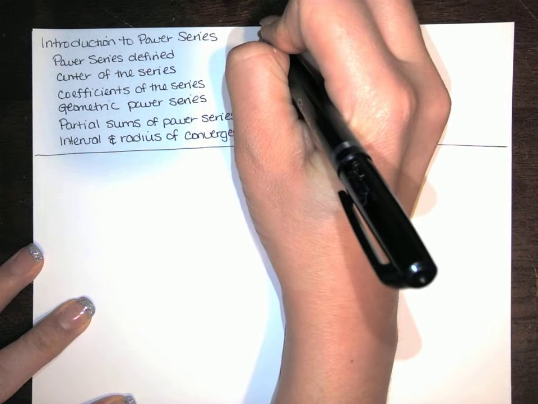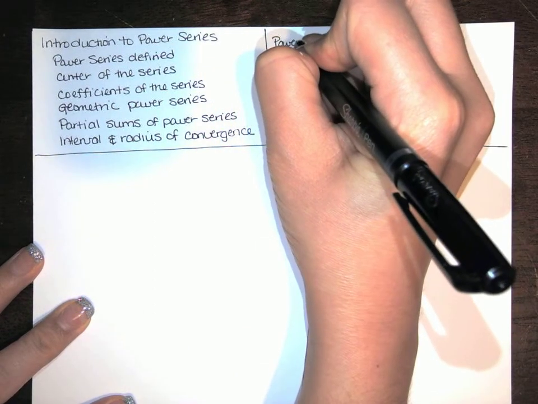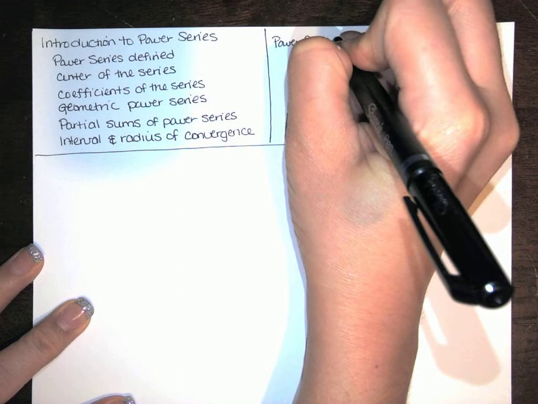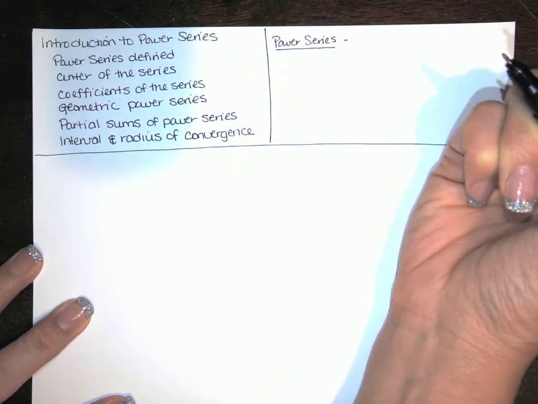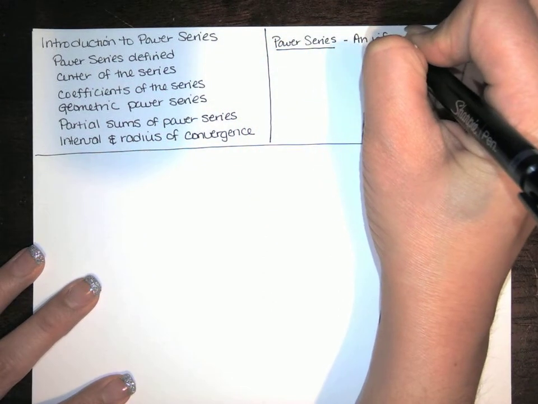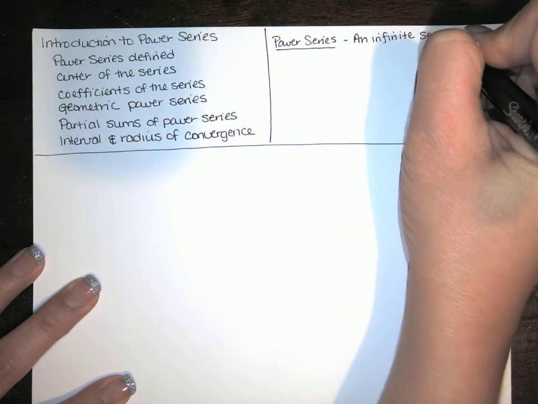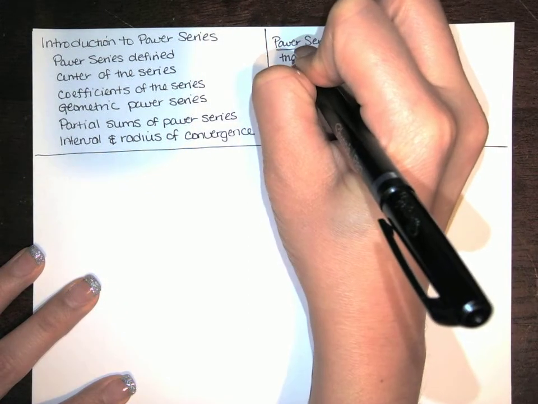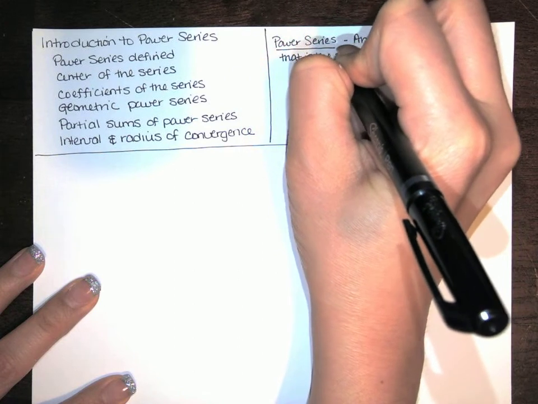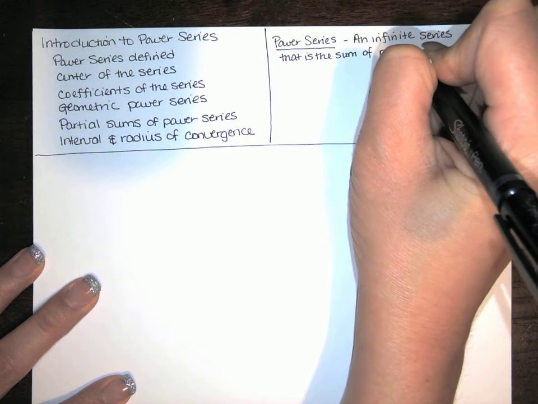Okay, so a power series is a special type of infinite series. You've been dealing with infinite series. This is just an infinite series that is the sum of powers of x.